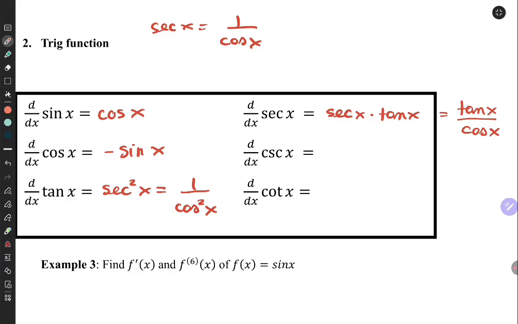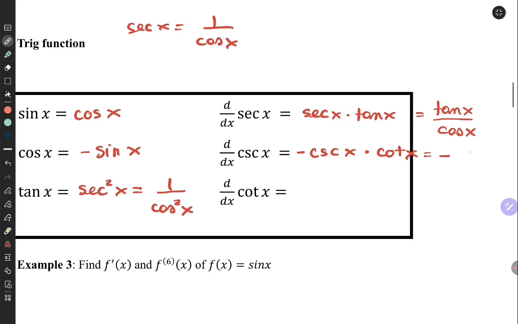Derivative of cosecant is negative cosecant times cotangent, basically negative cotangent over sine, because cosecant of x is 1 over sine.